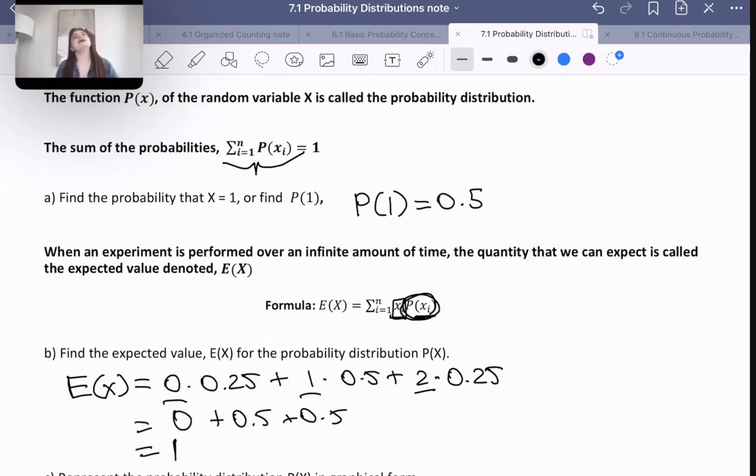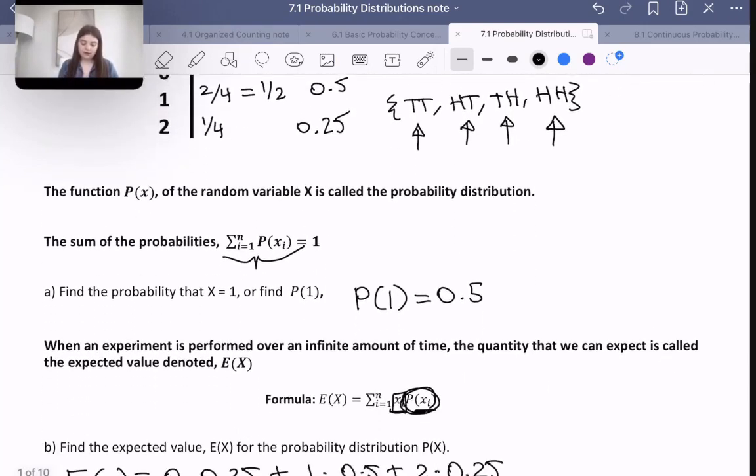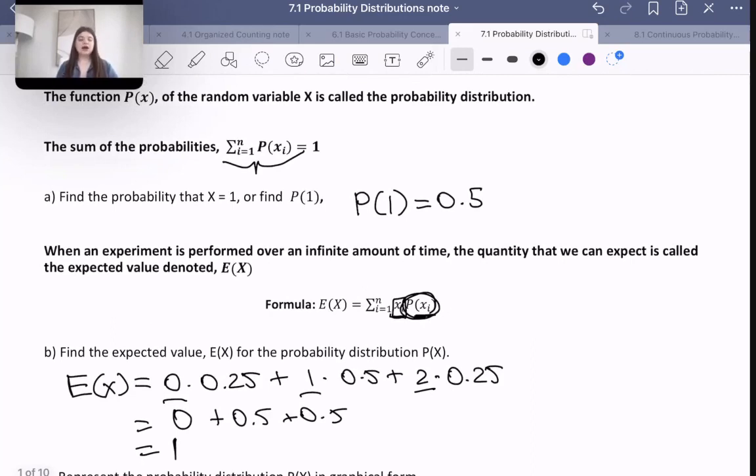And that makes sense if we think about it, because what's the middle of those outcomes? It's getting one of each. And the outsides are 0 and 2. Those are equally likely and also equally spaced from 1, so those two other things would also average out to 1.